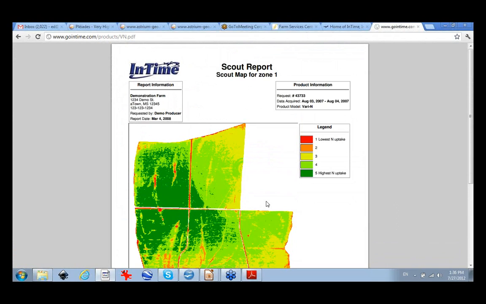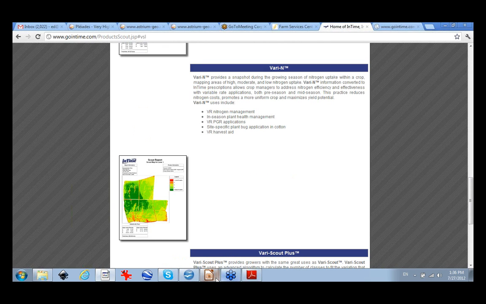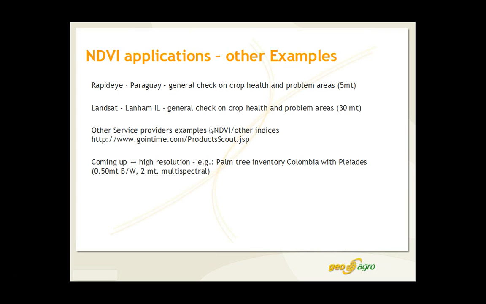Here is another one, during the season, similar to what I mentioned before, where you have highest N uptake and lowest N uptake. And it may not be a deficit in nitrogen, it may be another problem, as you know, as crop consultants. There are different reasons, but at least this gives you good guidance to go to the field and do your evaluation.